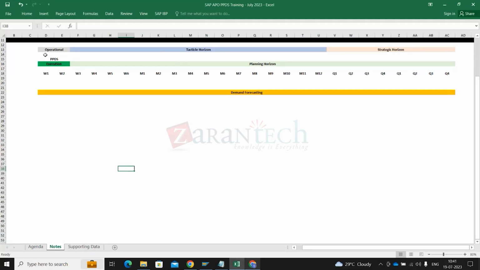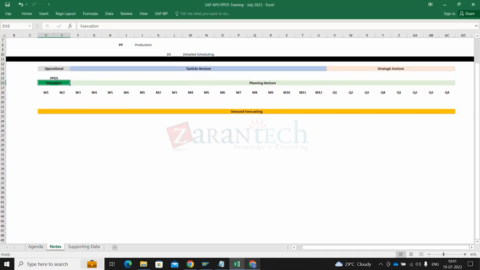First of all, 2 weeks is the operational horizon where all the executions are happening, and that is why your execution software comes into the game. There will be MES and other software on top, but I'm not going into that detail, just the supply chain planning software. Thinking from a production perspective, because we are focusing on the PPDS module, the orders in the execution horizon would be production orders or process orders.